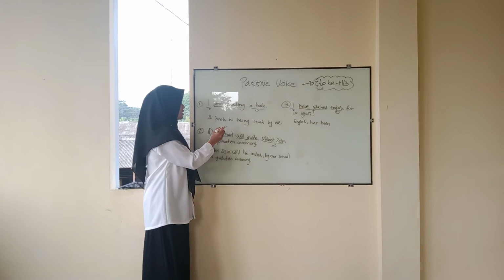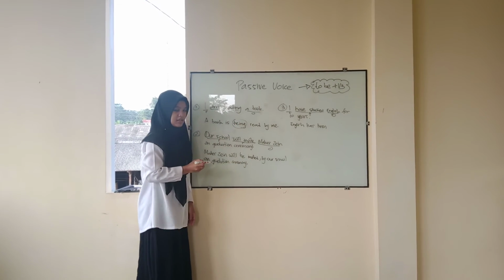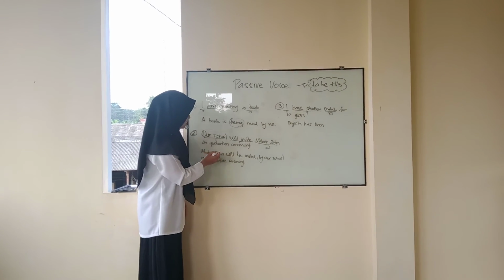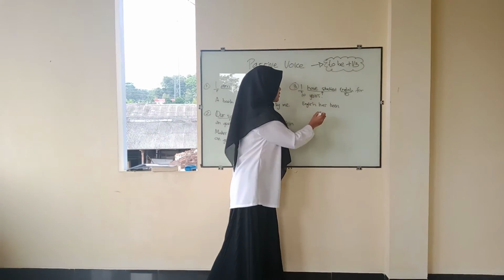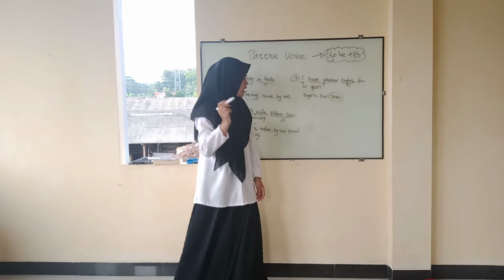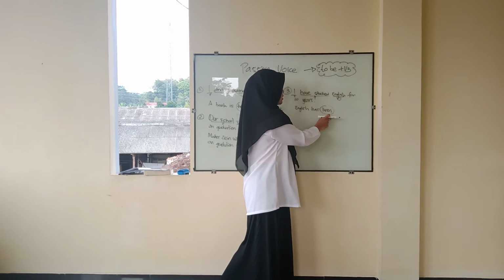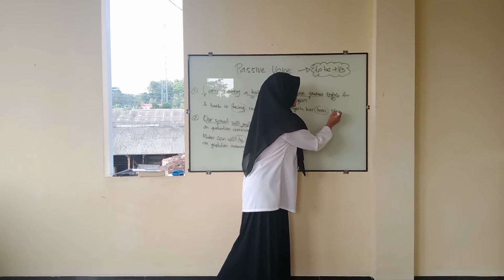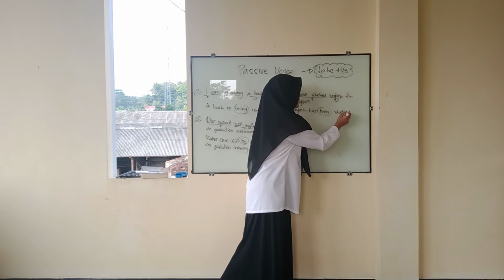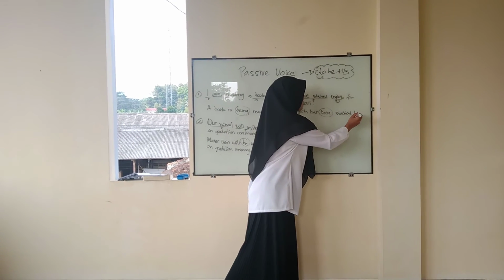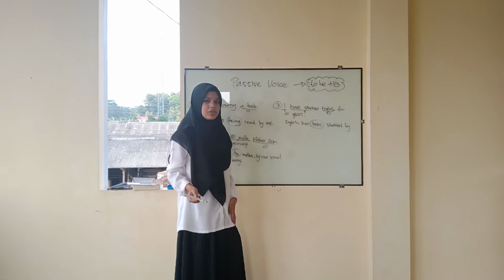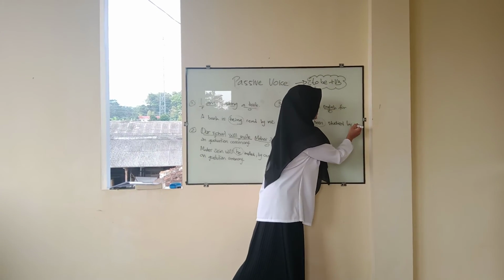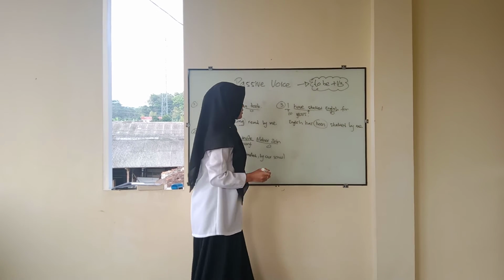Remember, if it is continuous, we use being. In future, we use be. And for perfect, we use been. Don't forget, English has been studied by I. As the subject, for the object, we use me. Yes, you are right.